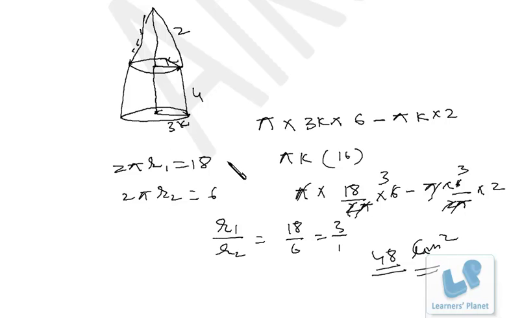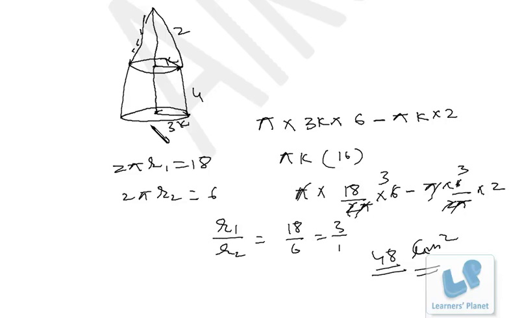Right? So without using any formula, we have just used the concept of similar triangles and calculated both the curved surface area and the volume of a frustum. If you are asked about the total surface area, then r1 and r2 are already there. Just add pi r1 square plus pi r2 square to this 48, which is the curved surface area, and you will get the total surface area of this frustum.